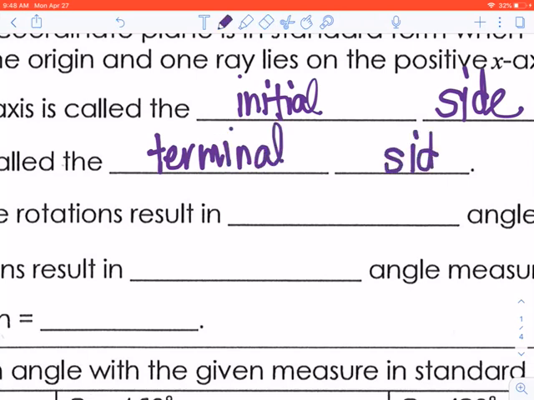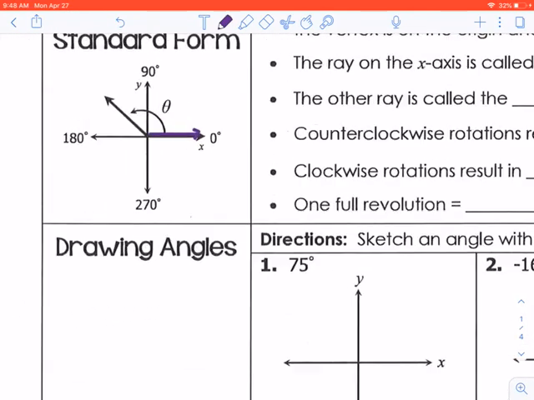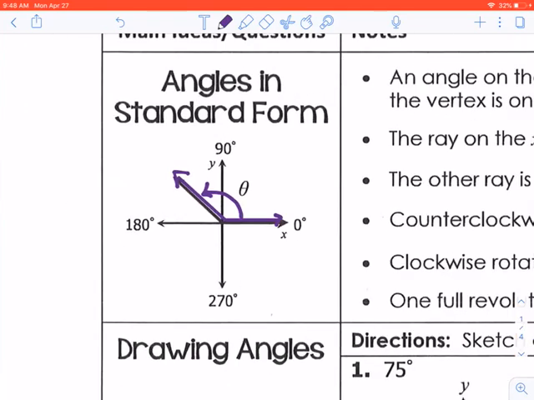Terminal, because that's where it ends. Initial start, terminal end. So my terminal side will be where you make the angle. We open up with that initial side, and then we move to the left and create our angle to end at that terminal side.